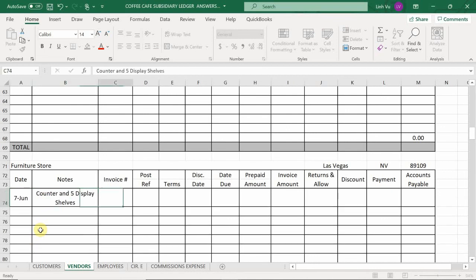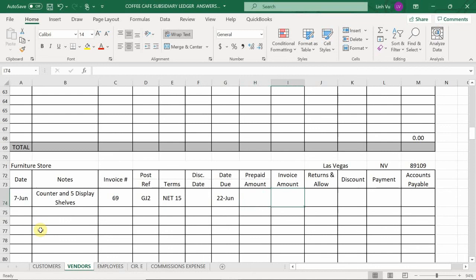Obviously we didn't make any payment. So in this case, invoice number 69, general journal 2. We were given terms, Net 15. Because we didn't have a discount due date, but we do have an actual due date. What is it? 15 days. So give me the exact date. The 22nd of June is when we need to pay.